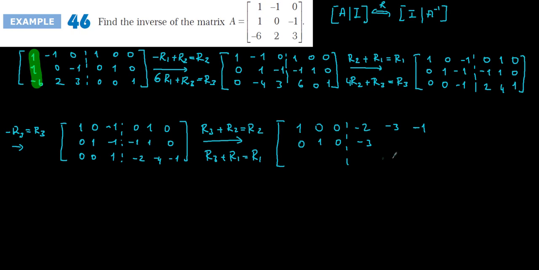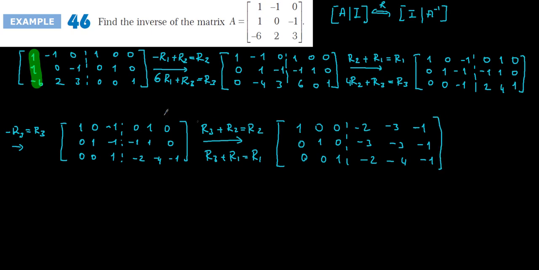Minus 4 plus 1 is equal to minus 3. Minus 1 plus 0 is equal to minus 1. This is the last part now. I'm going to rewrite it here. This is equal to 0, 1, and then minus 2, minus 4, and minus 1.